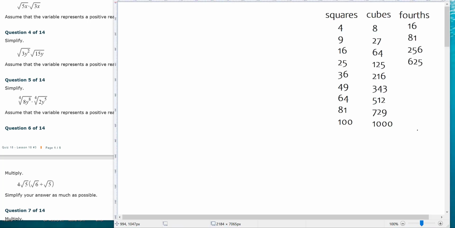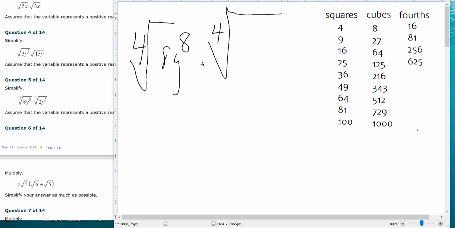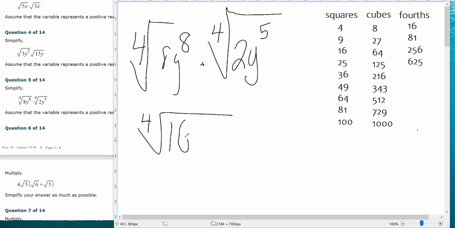Number 5, the fourth root of 8y to the 8th times the fourth root of 2y to the 5th. When you multiply a fourth root, it has to be times another fourth root. And I get 8 times 2 is 16.